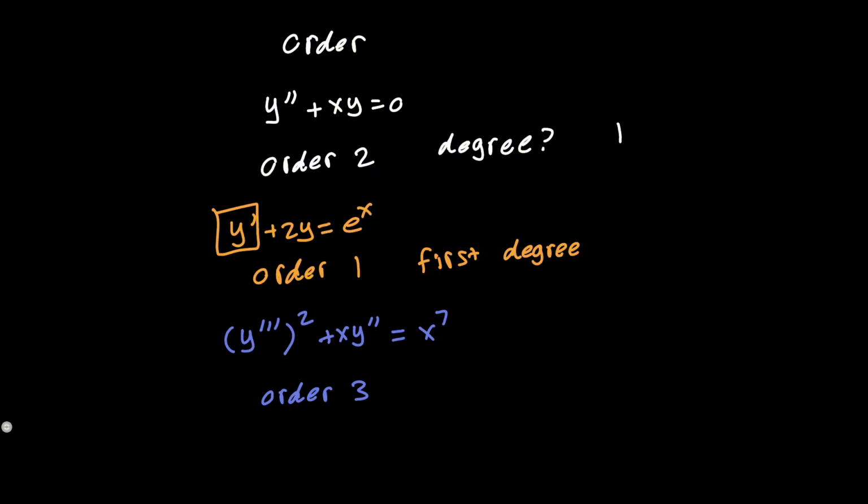Well, let's look at the definition again. The degree is the power to which that highest derivative is raised. So our highest derivative term, which is a third derivative, is simply squared. So this is going to be 2nd degree.